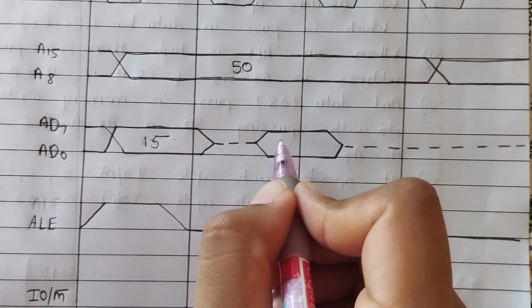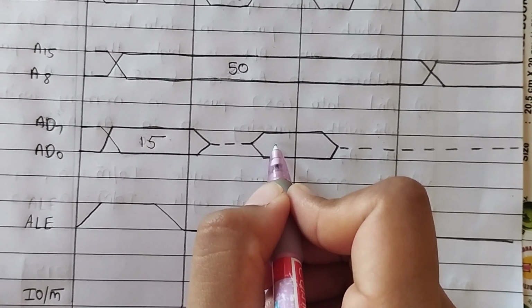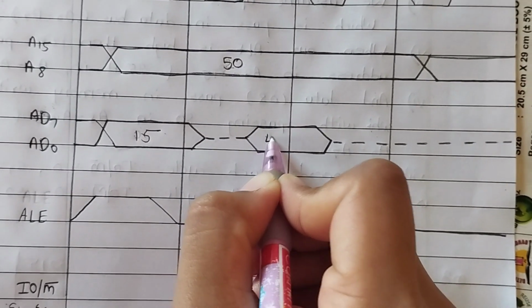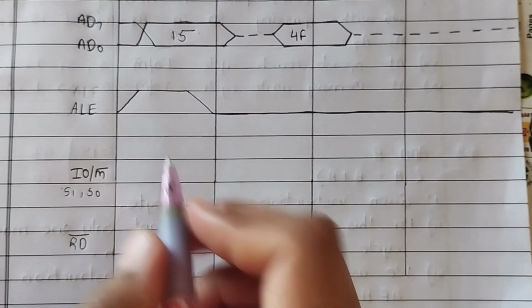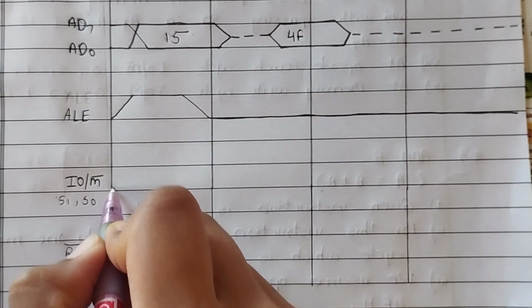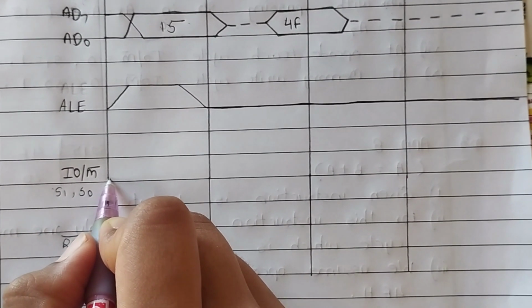Write our data, meaning our opcode, which is 4F. Now draw the IO/M bar, S1 and S0 signals.